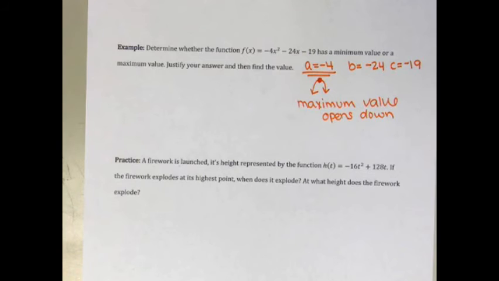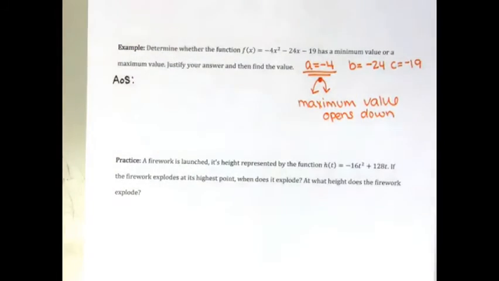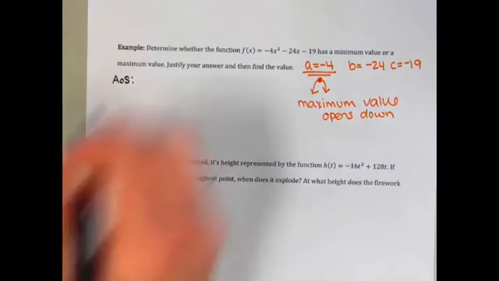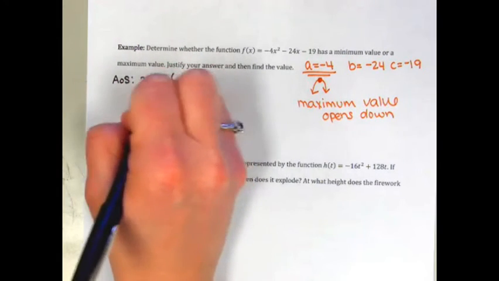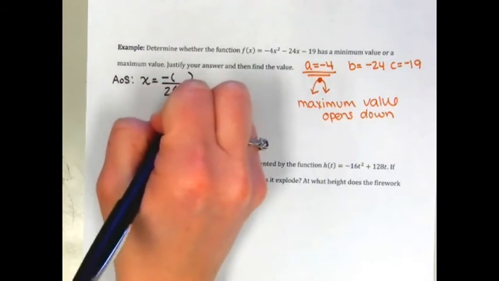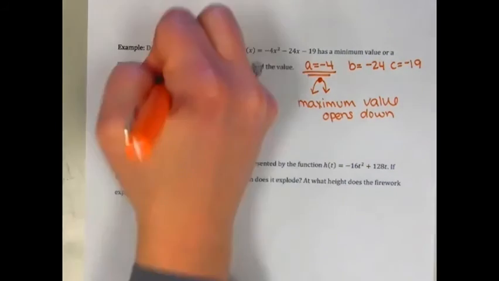Now, can we go ahead and find our vertex? Yep. So to find our vertex, don't I need to find the axis of symmetry first? Yep. And how do we find the axis of symmetry? x equals -b over 2a. What's my b? 24.